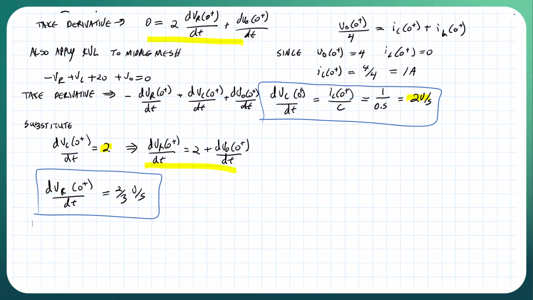Now let's look at diR over dt at 0 plus.